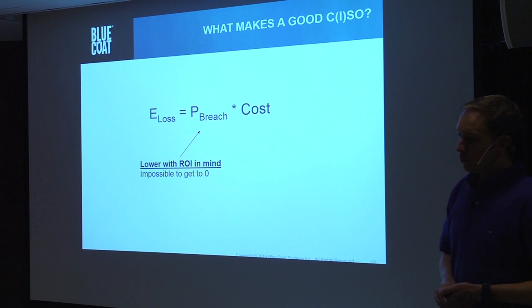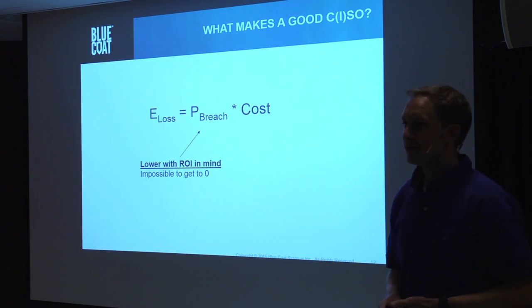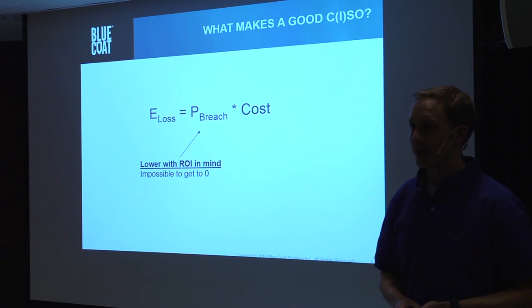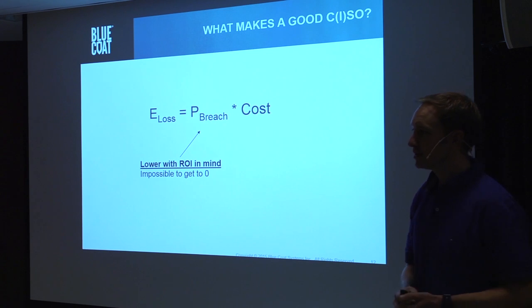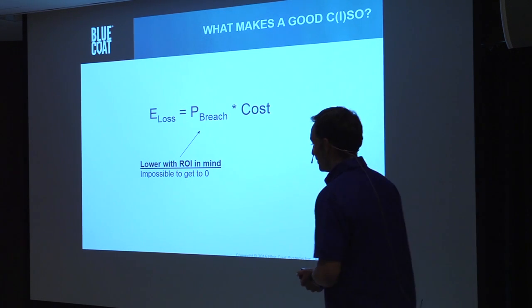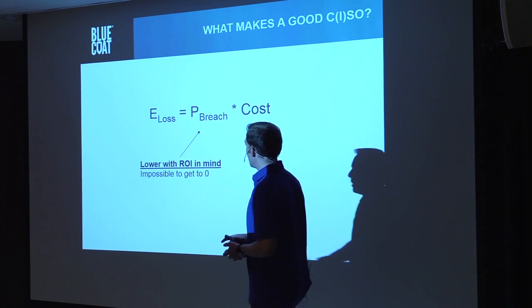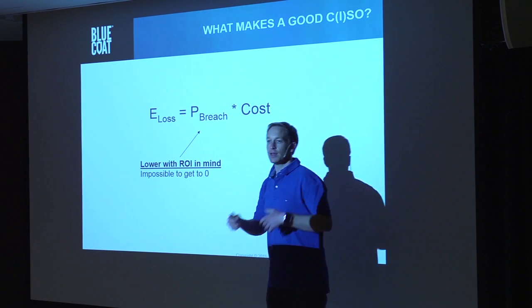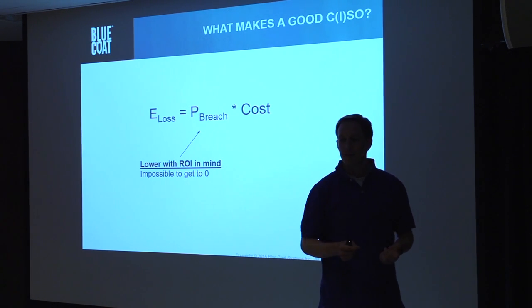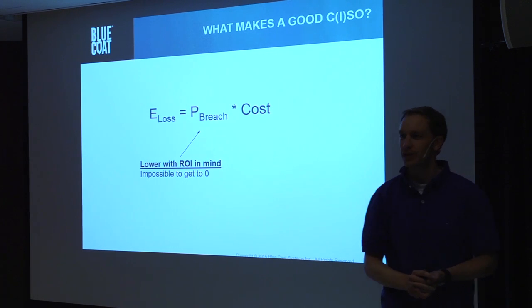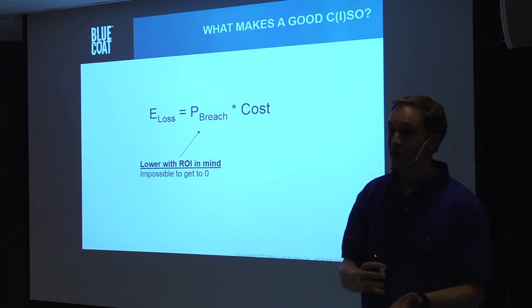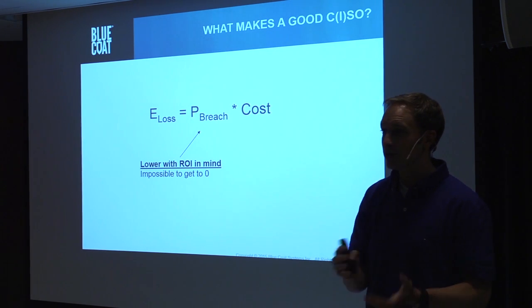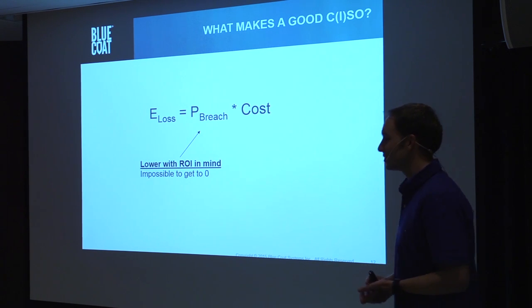So what makes up a good Chief Information Security Officer? And if you have a geek background, like I have, usually you tend to think about how can we minimize the probability for somebody to breach us. Think about protection. How can we get this as low as possible? And you try to come up and find solutions how to do this technically, how to prevent somebody from getting in your organization.